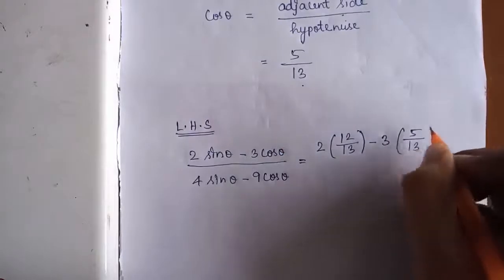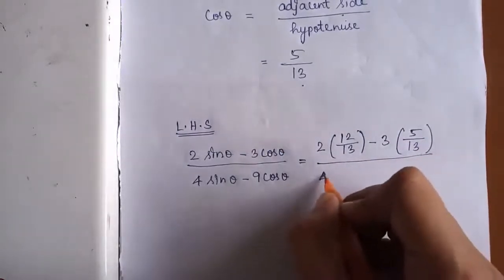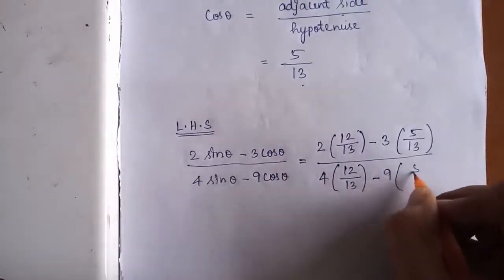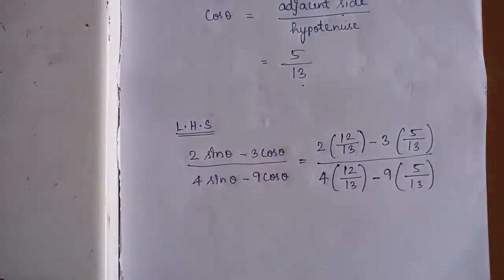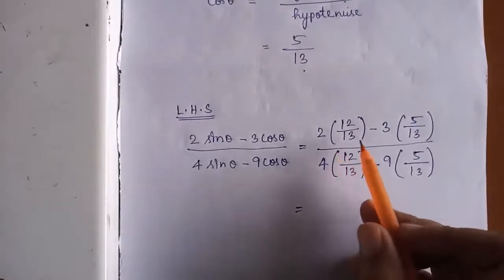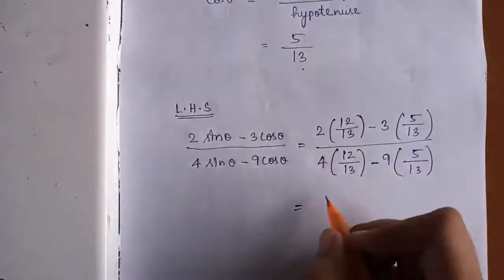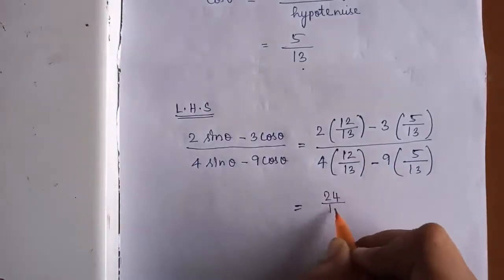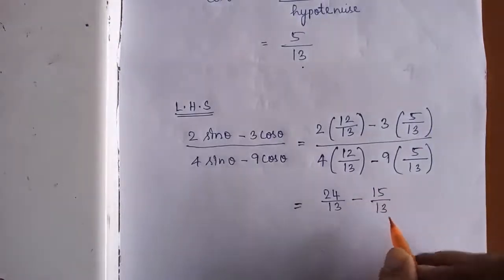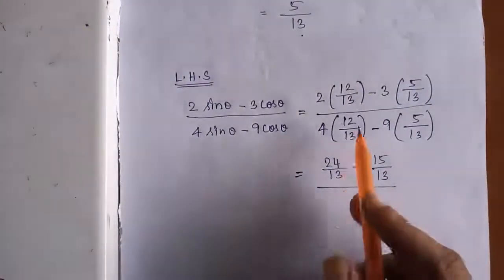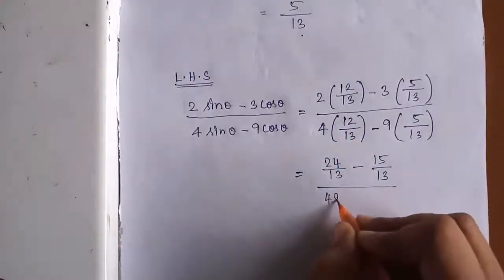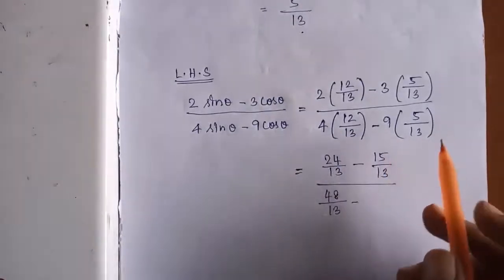So 5 divided by 13 divided by 4 into sin theta value is 12 by 13 minus 9 into cos value is 5 by 13, which is equal to, you have to do a multiplication. So 2 into 12 is 24 by 13 minus 3 into 5 is 15. So 15 divided by 13. The whole thing divided by 12 into 4 is 48. So 48 divided by 13 minus 9 into 5 is 45.